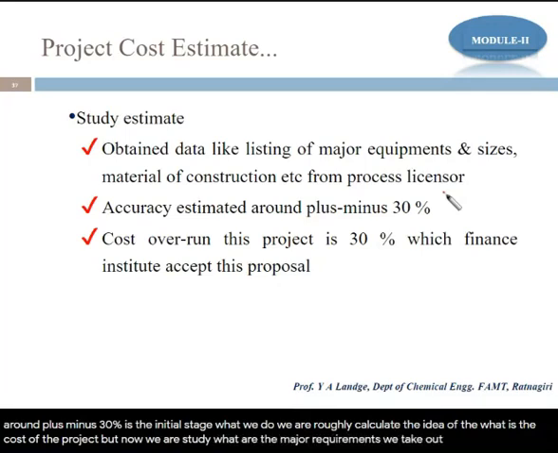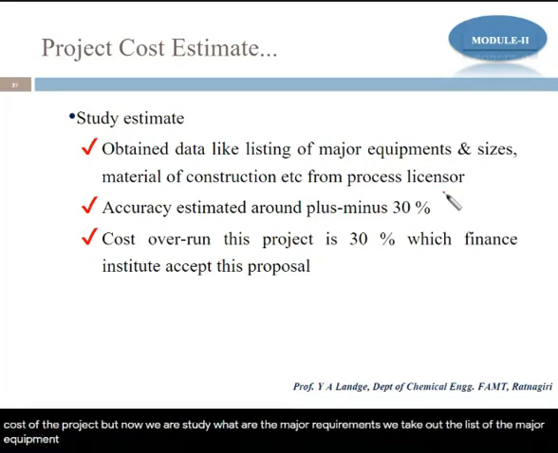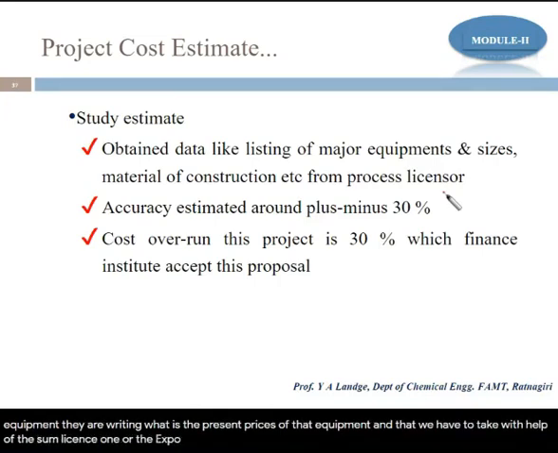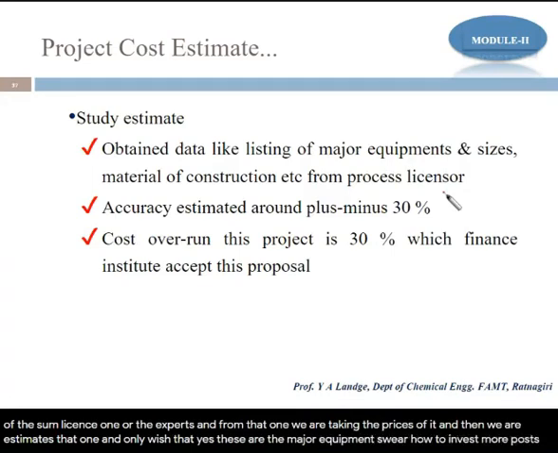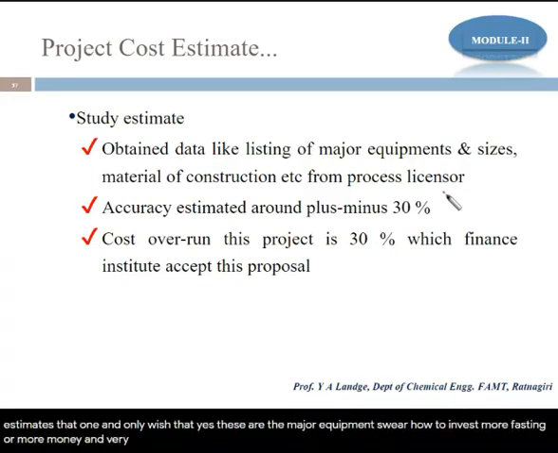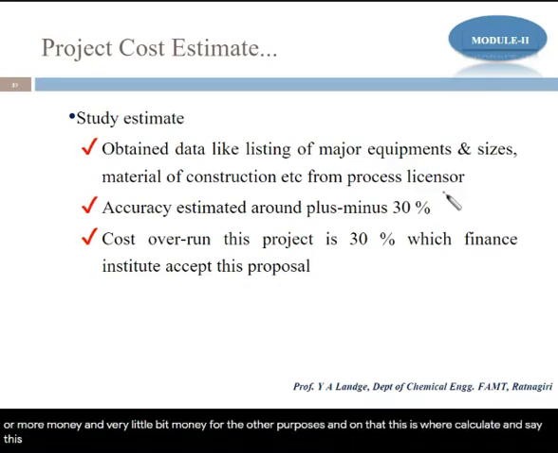We take out the list of the major equipment. We write down the present prices of that equipment, and we have to take that with the help of some licensed party or experts, and from that we take the prices, and then we estimate it. And roughly we say that yes, these are the major equipment where we have to invest more money, and very little money for the other purposes. On that basis we calculate and say yes, this will be the cost.